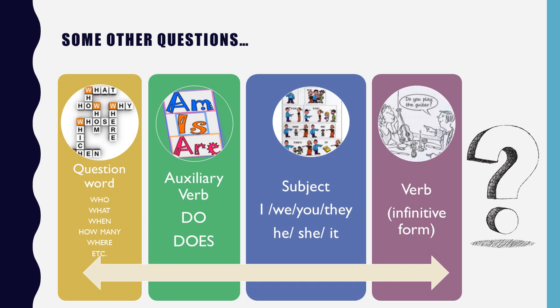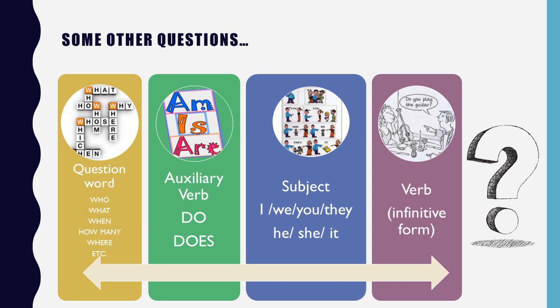So again, in the first column we might have a question word that may be present or not. This part will be optional according to what we want to ask. Then we are going to have an auxiliary verb, do or does in this case, and the choice of auxiliary verb will change depending on the subject of the question.